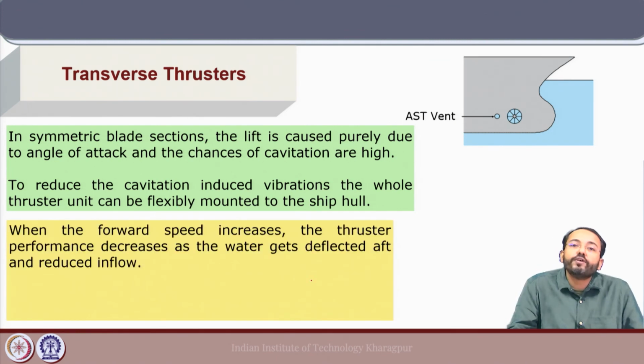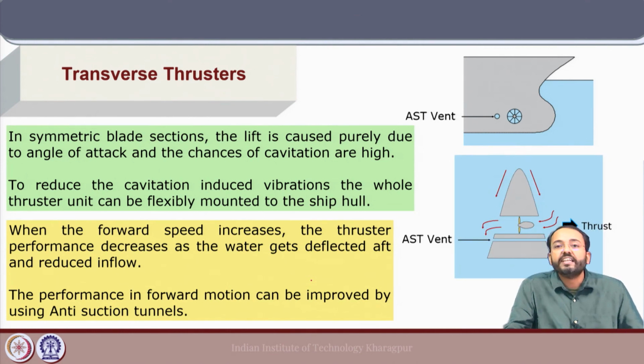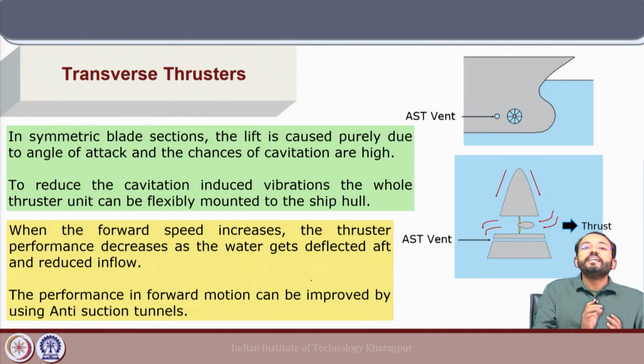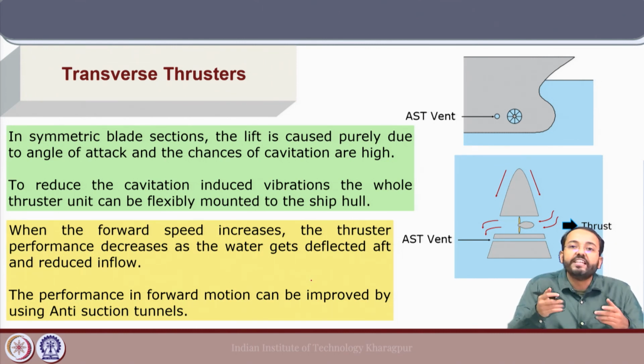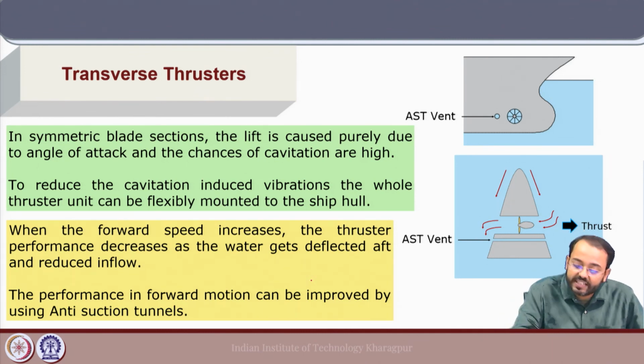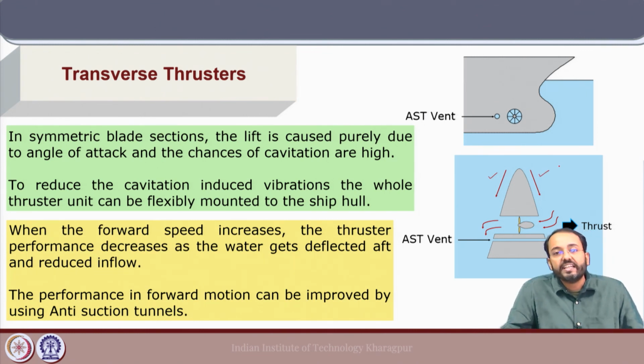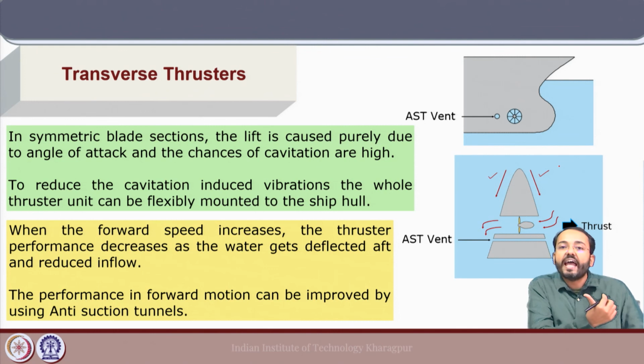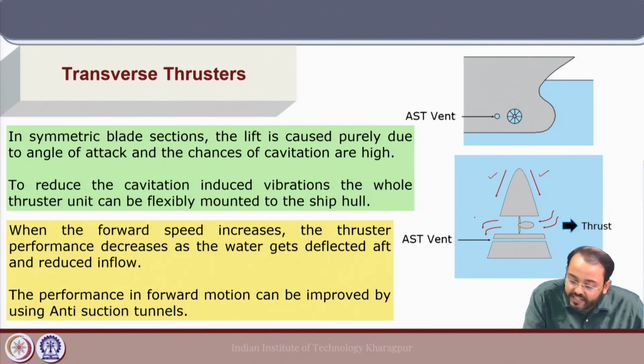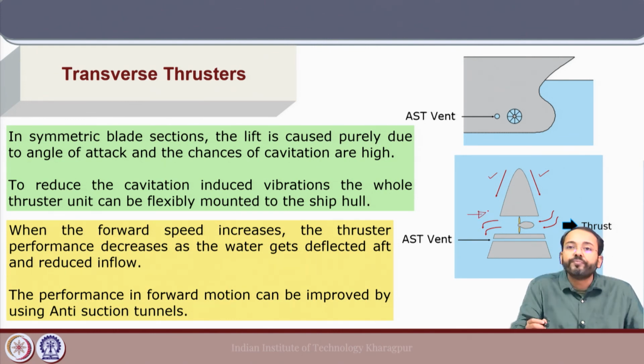As the forward speed of the vessel increases, the thruster performance in terms of thrust generation will decrease, because at high forward speeds the flow past the two sides of the hull will have higher velocities, and that will deflect the flow along the thruster in the transverse direction.